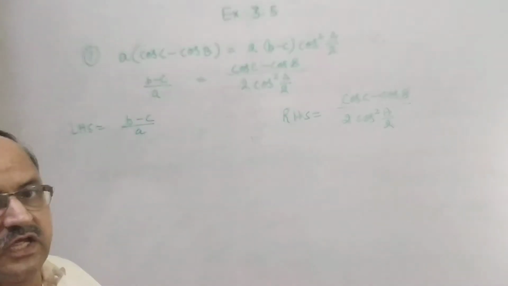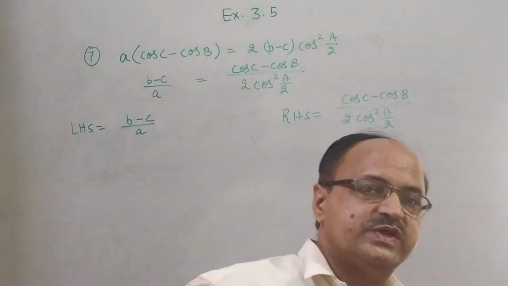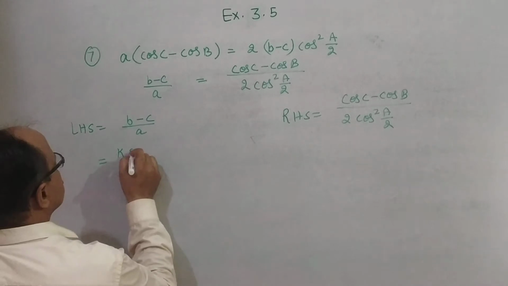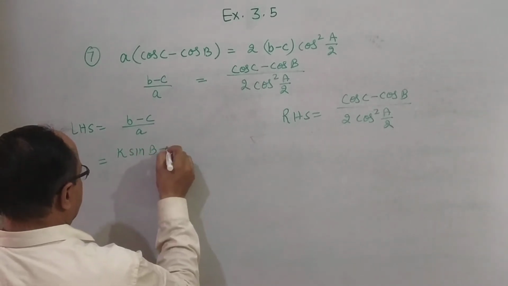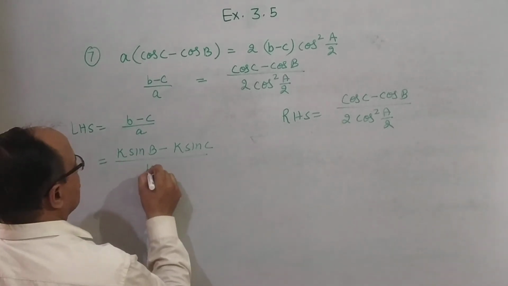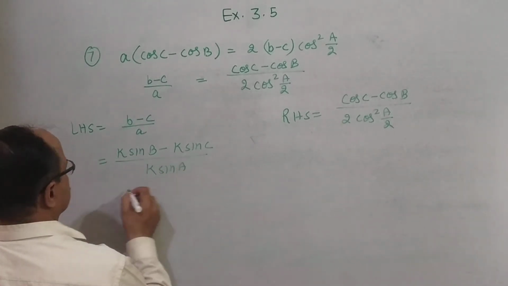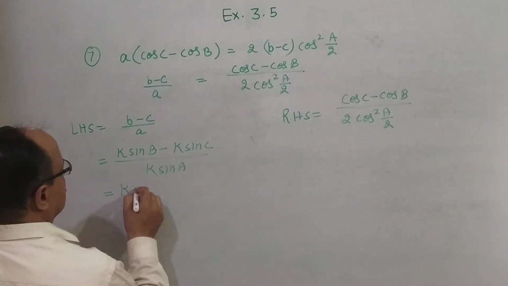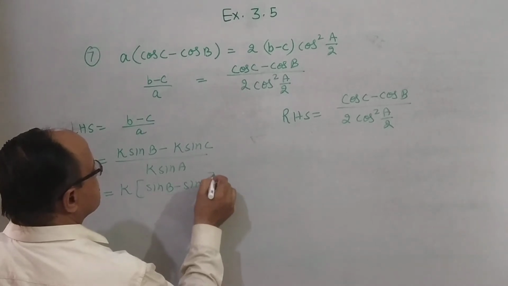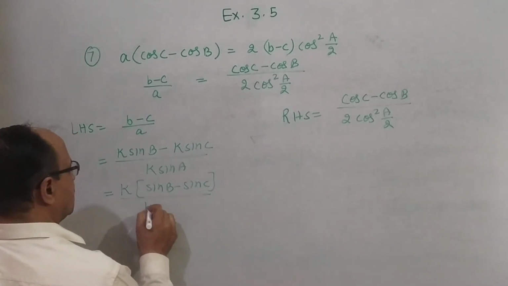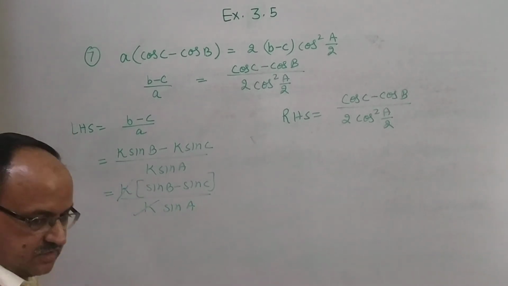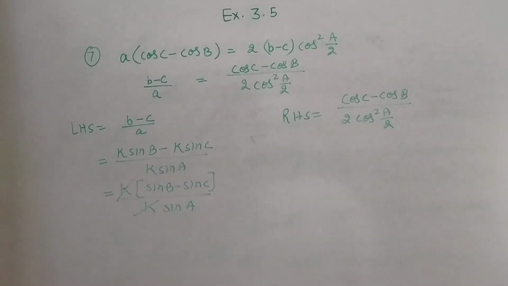According to the sine formula, can you tell me what is the value of b? That is K sin B minus K sin C upon K sin A. Take K common: K times (sin B minus sin C) upon K sin A. K and K cancel.